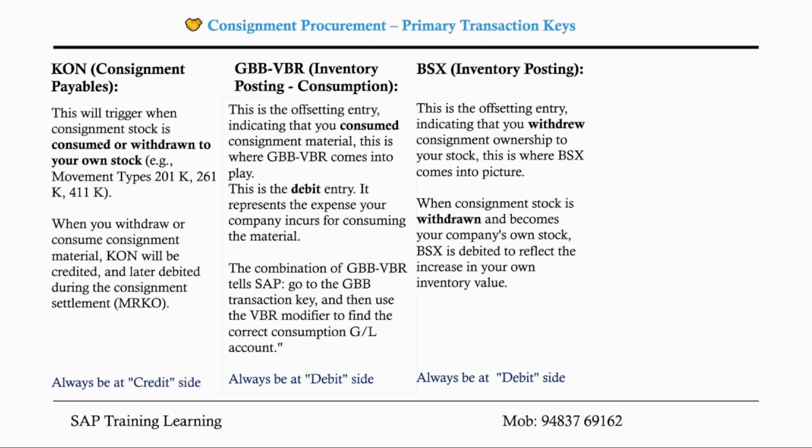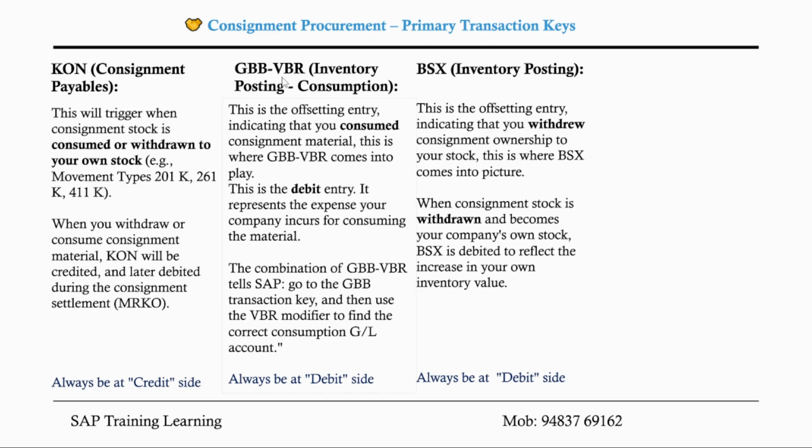Which means to your cost center there are different GL accounts, and to your production order there are different GL accounts. So it's not a direct approach like KON or BSX or any other transaction keys. So that's the reason GBB will use VBR as a modifier to find the correct consumption GL account, right?